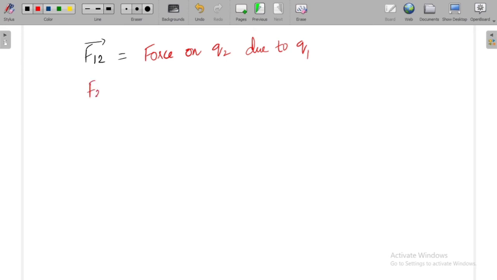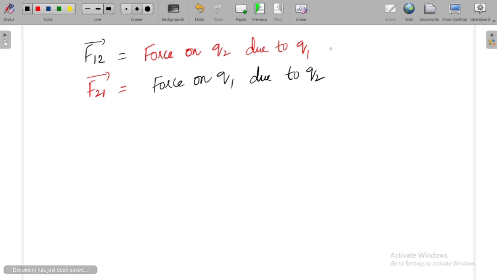Now, what is F21 bar? I am writing F21 bar as the force experienced by Q1 due to Q2. Now, can I write the expression for F12 bar according to Coulomb's law? F12 bar is nothing but Q1 Q2, means the force is proportional to the product of charges Q1 and Q2, and inversely proportional to the square of the distance between them, right? So it is 4 pi epsilon naught.